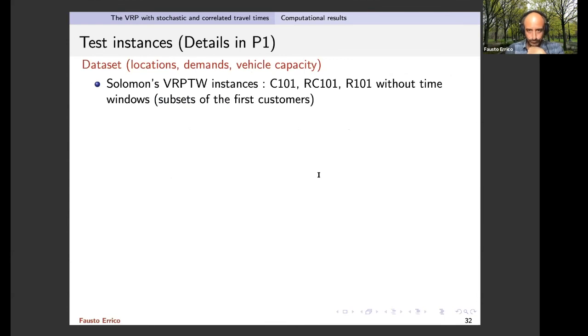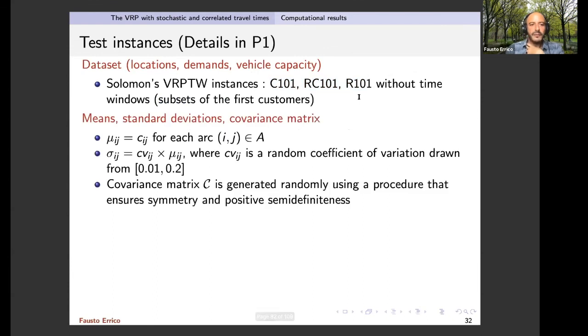For the tests, we used the VRP Solomon's instances, the three families, without time windows. The mean is chosen proportional to the cost. We have a procedure to generate the random variable, with a coefficient of variation from 0.01 to 0.2.